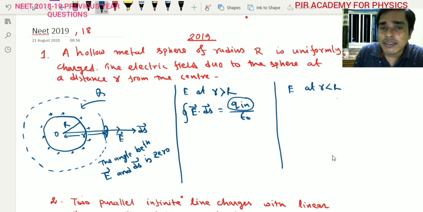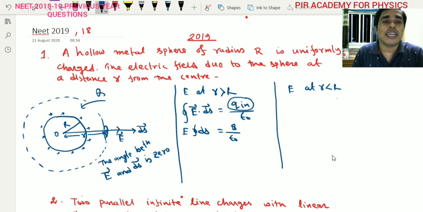So here the angle between electric field and area vector is 0. That means cos 0 equals 1, and the electric field around this Gaussian surface is constant. That's why you can write E surface integral ds equals q by epsilon naught.